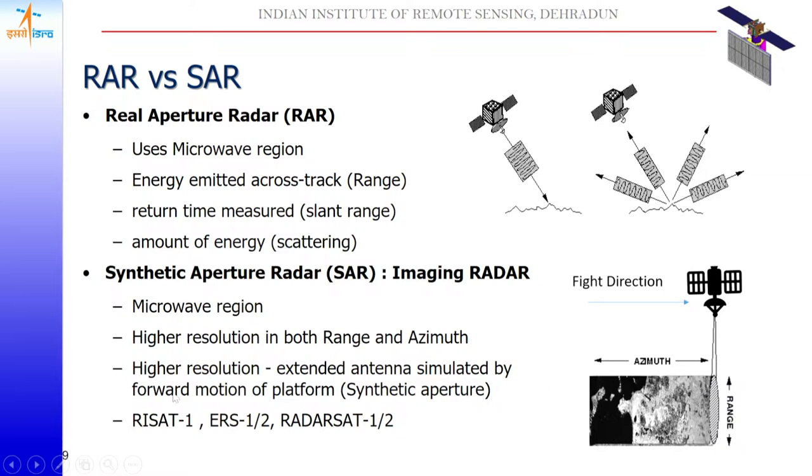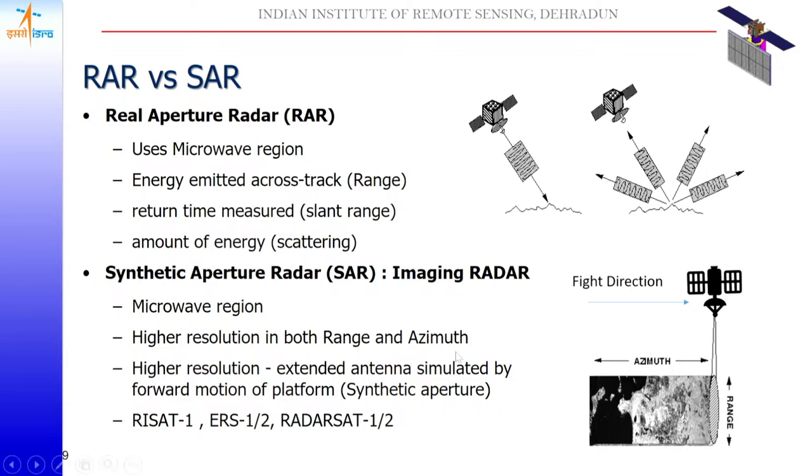So how do we get higher resolution in the synthetic aperture and not in the normal radar? Because we have the synthetic aperture concept. We have an extended antenna simulated by the forward motion of the platform. As the radar moves, it forms a synthetic, much larger aperture of the antenna, and this larger aperture is responsible for the very high resolution in the azimuth direction.